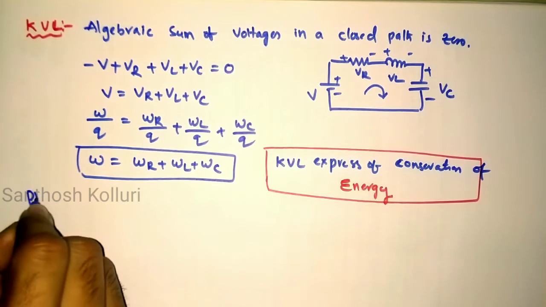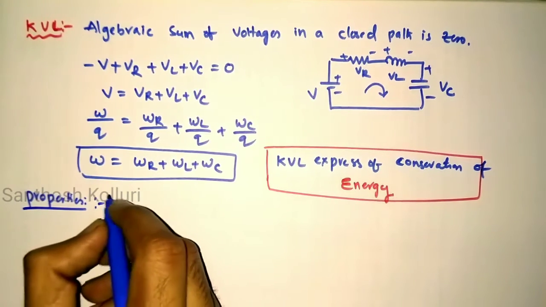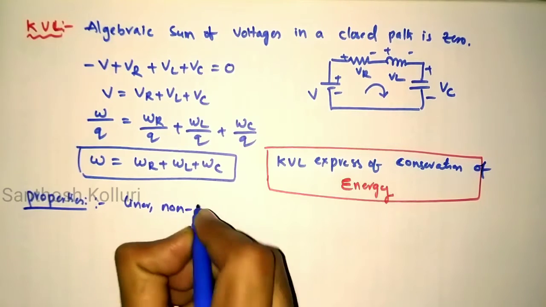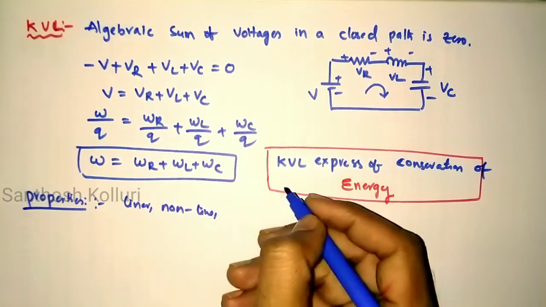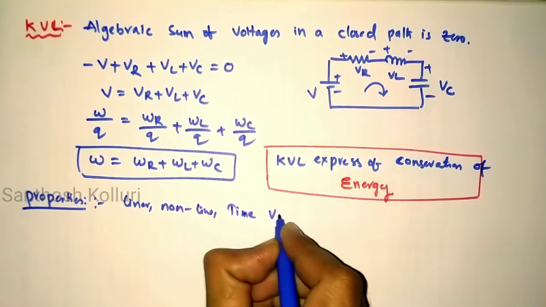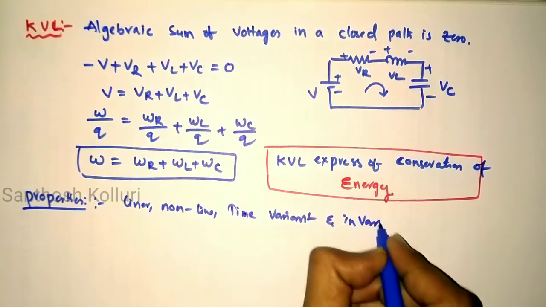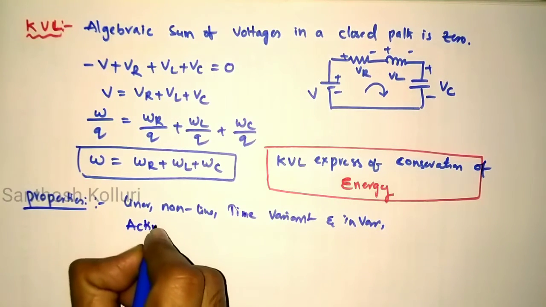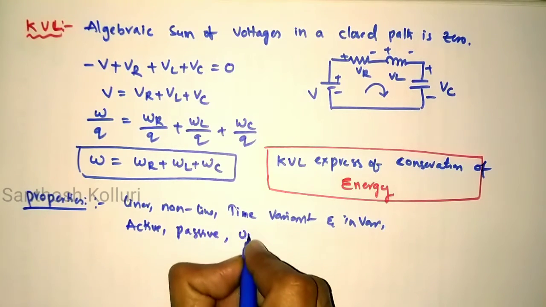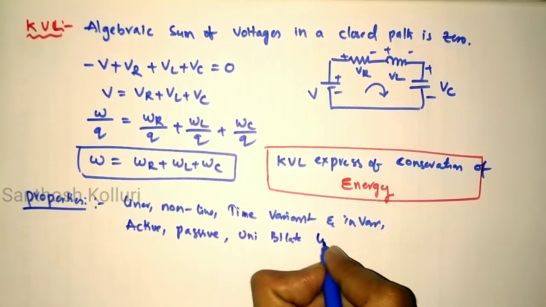So the properties are similar to the KCL. I'm not writing the entire things here. KVL is applicable for linear, non-linear, time varying, time invariant, active elements, passive elements, unilateral, bilateral, lumped elements.